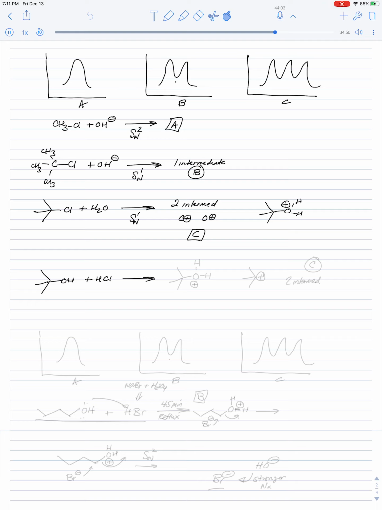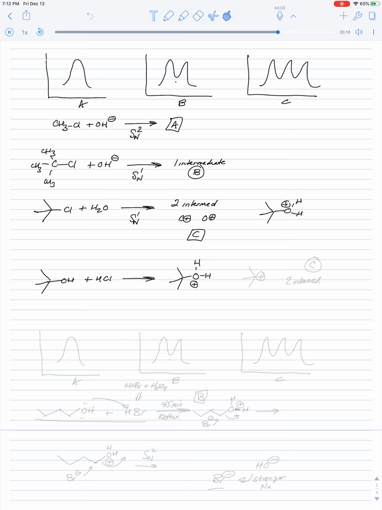Again, you would want to think, okay, what are my intermediates going to be? I'm going to have an oxonium ion from protonating the oxygen with the H plus. Remember, OHs go nowhere as themselves. They must be converted to water.